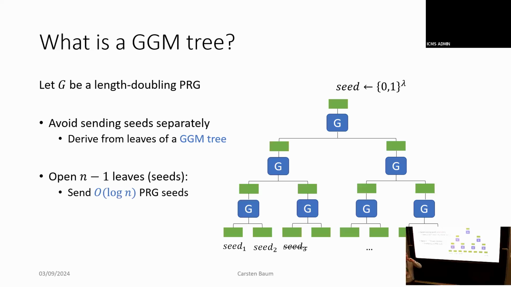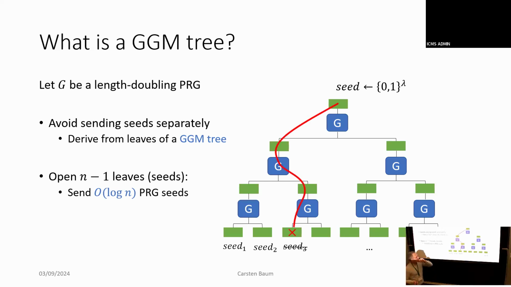Now here's the thing. I'm going to reveal to the verifier all but one of these seeds. If the verifier says, don't open party 3 to me, but everybody else, then in theory I need to give the verifier 7 seeds. But the thing about a GGM construction is I can do better.